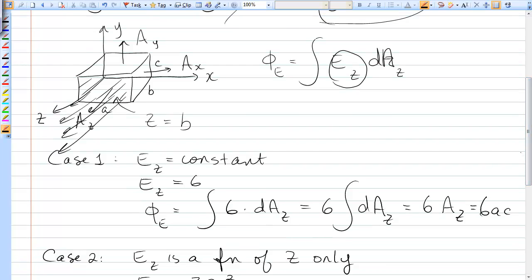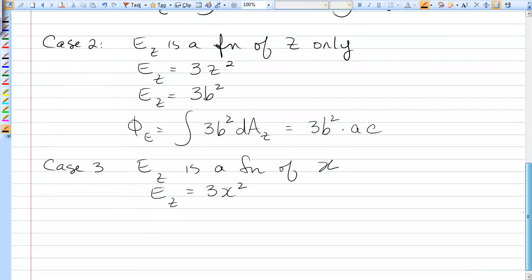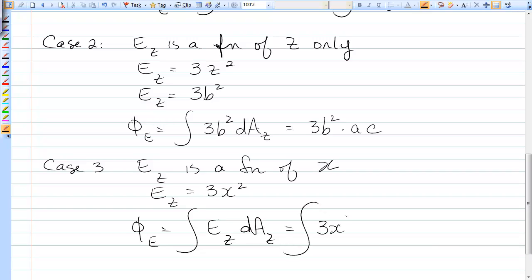And we have to divide the face into vertical strips, where on each strip x is actually constant. And so the width of our strips will be dx, and our integral will now become the integral of Ez dAz. So it's the integral of 3x squared.